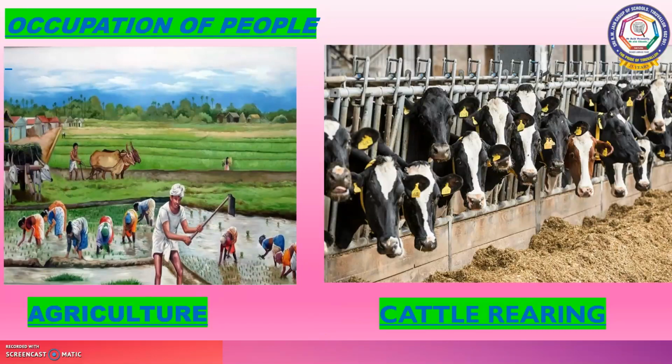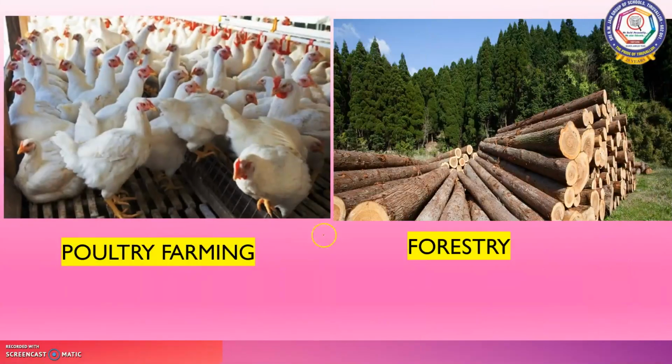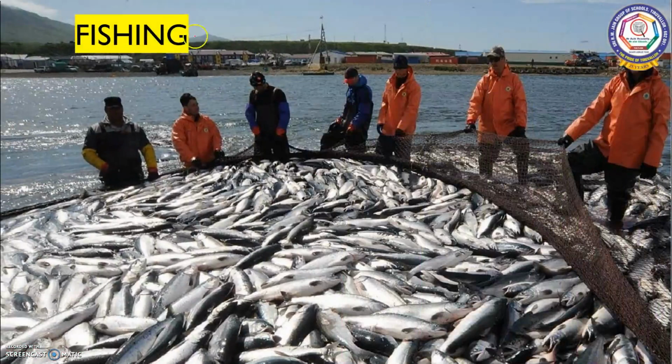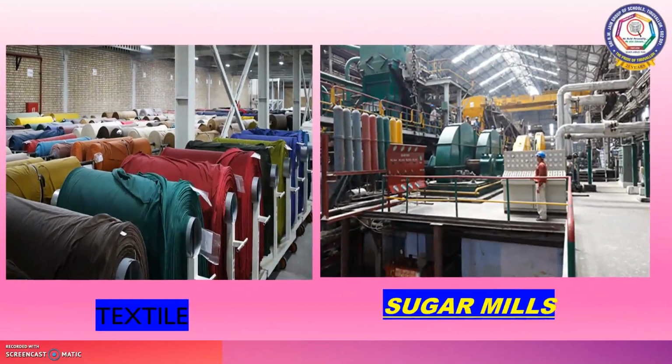Next, let us see the occupation of people. Agriculture is the main occupation of people of the Northern Plains. Apart from farming, cattle rearing, poultry farming, forestry and fishing are also important means of livelihood here.